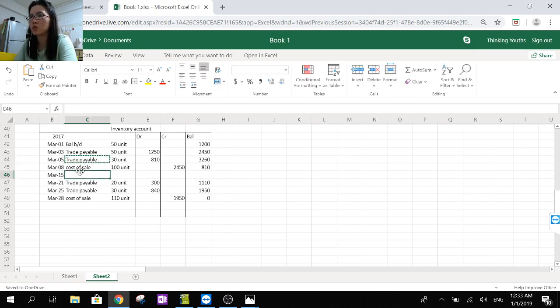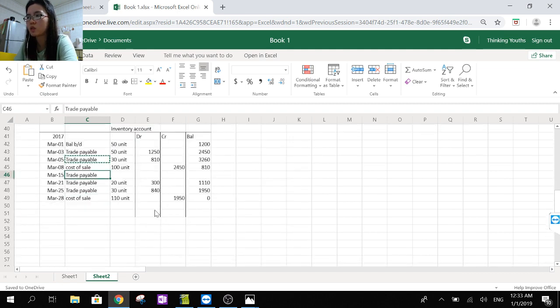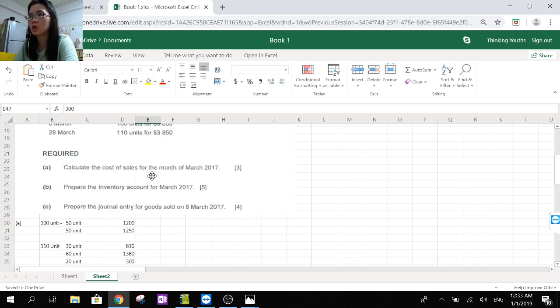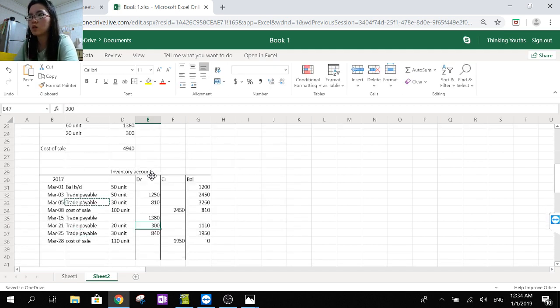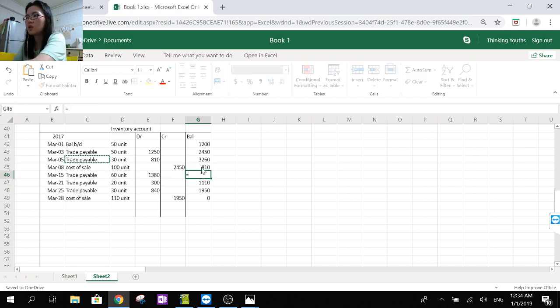So on the 15th March is a purchase of 60 units, 1380. So the balance here has to be this plus this.